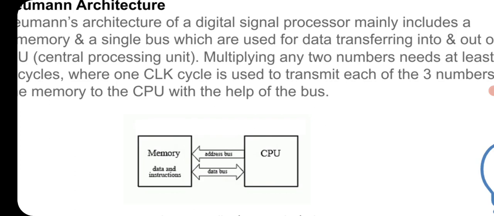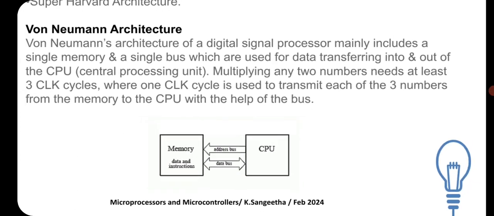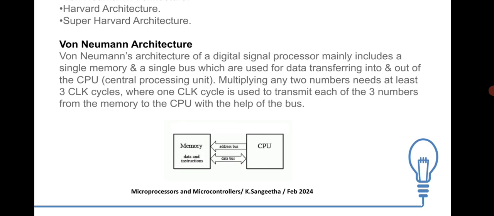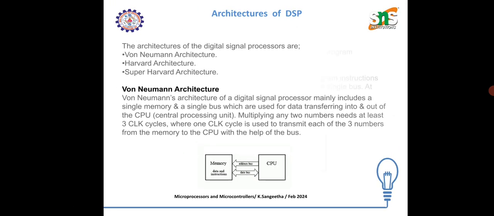So von Neumann architecture means that the DSP processor has a unified memory space for both program and data. This contrasts with the Harvard architecture, where separate memory is used for both instruction and data.